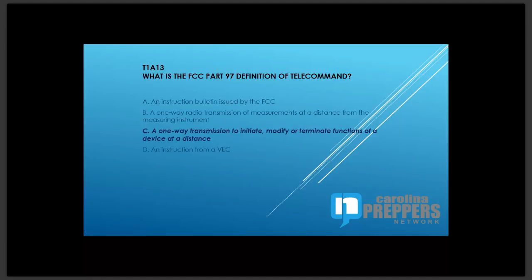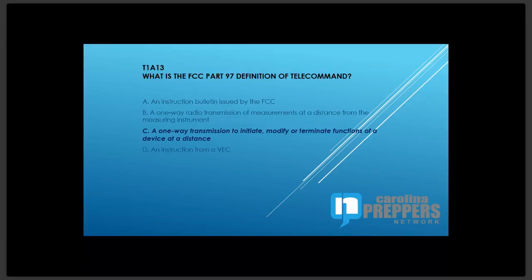Here goes that question we were talking about with telemetry. What is the FCC Part 97 definition of telecommand? Well, when I think of telecommand, think of space command. When you see the word command, you would use a command in computers. You would use a command for your kids to initiate cleaning their room, modify their behavior, or stop what they're doing and terminate what they're doing.